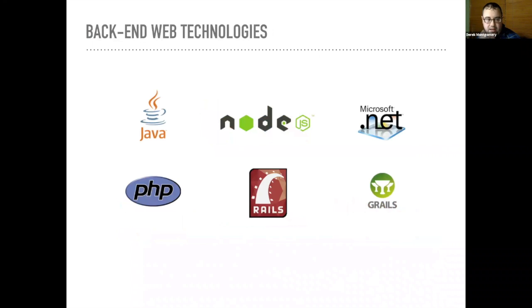Okay, and then I'm not going to go into really any of these, but you had the front end, which had literally three and only three technologies, which is all your browser understands. And then there's the back end web technologies. So if you've ever heard of Java, if you've ever heard of Ruby on Rails, I was a Rails developer for a long time. If you've ever heard of PHP, that's what Facebook uses. Well, they use a superset of that.